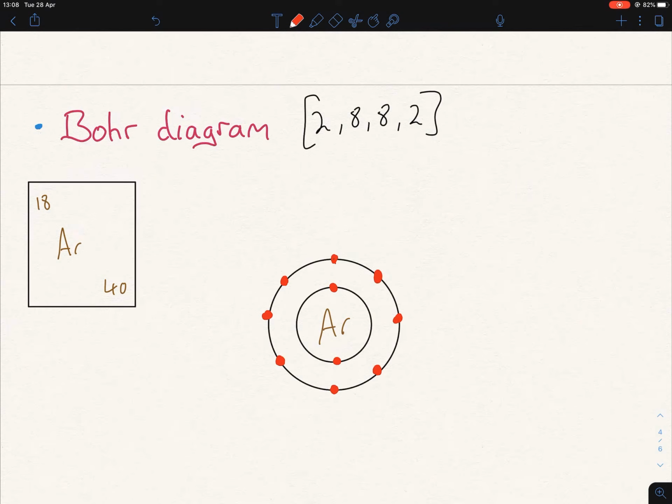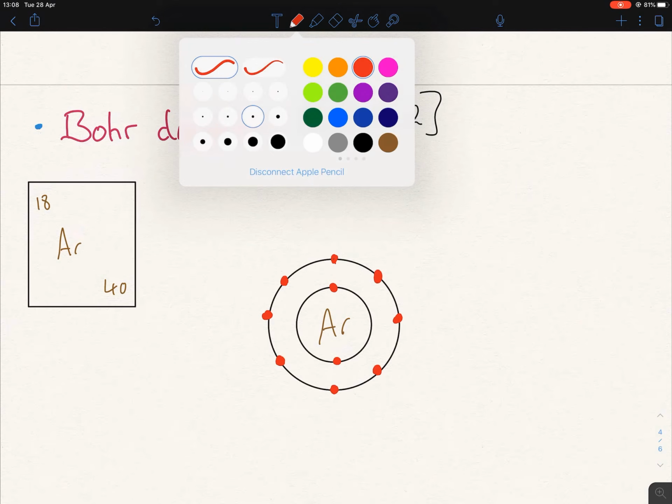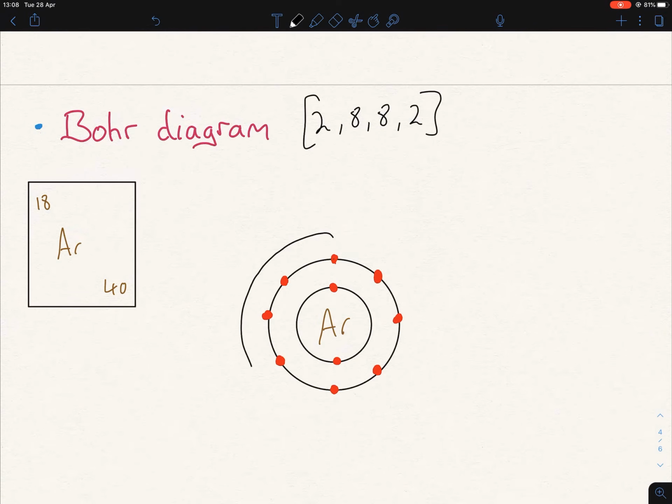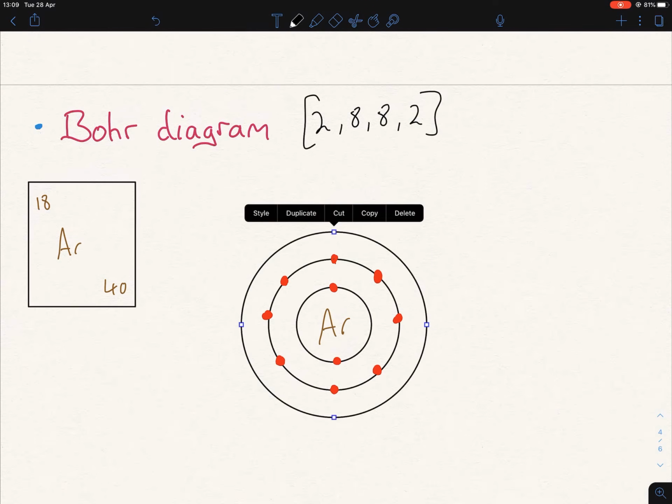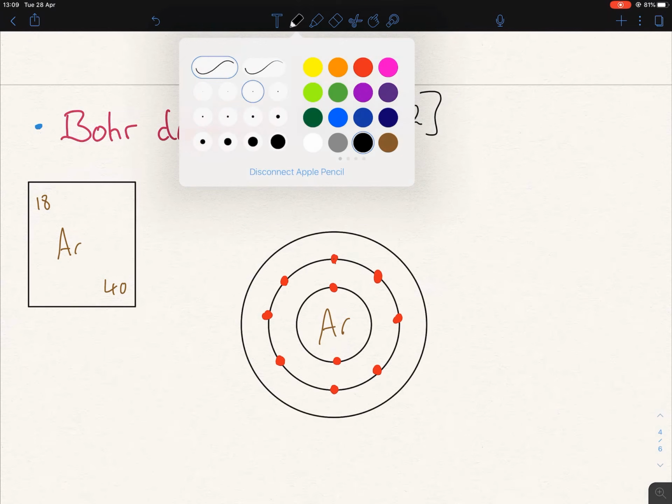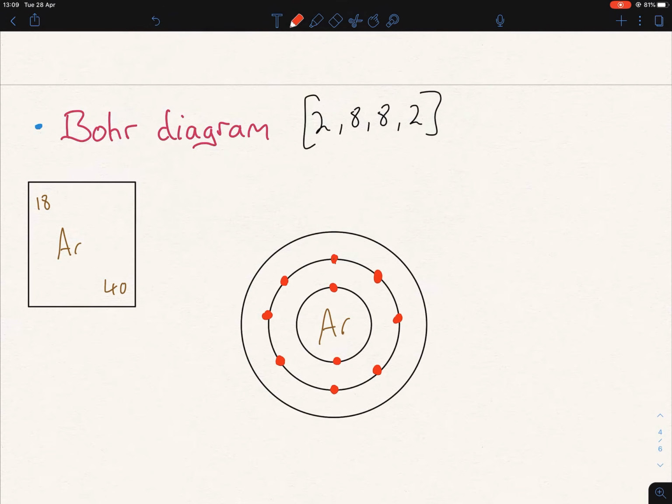I need 8 more, so I draw in my next orbit. Okay, and I now put it in. So I have 10 electrons, which means I need 8 more, which will actually fill up this orbit nice and handy.